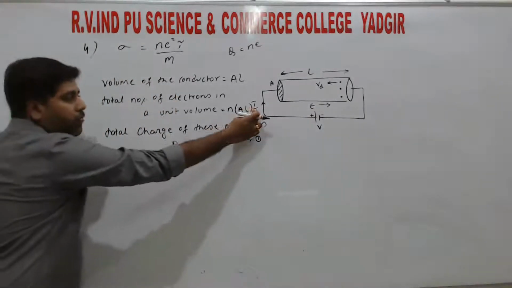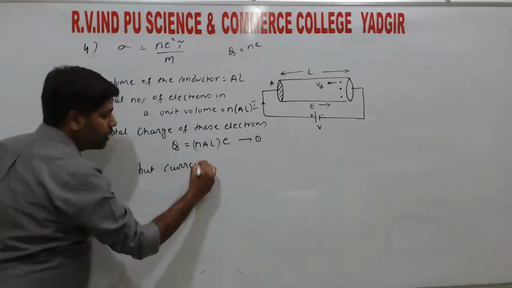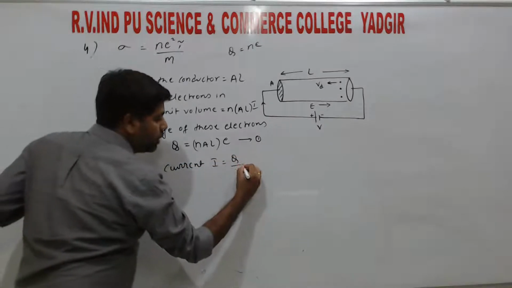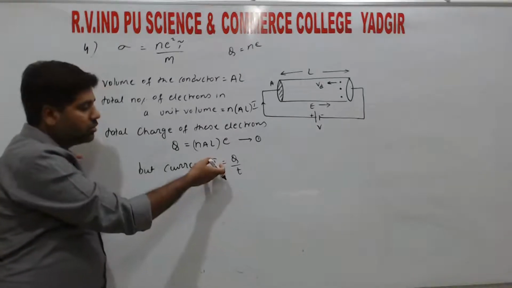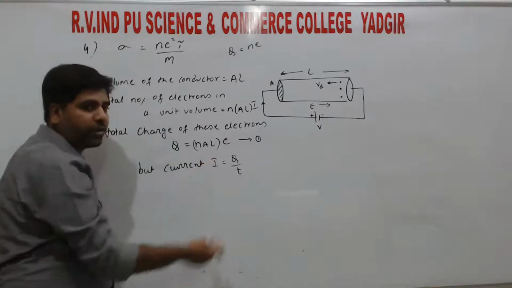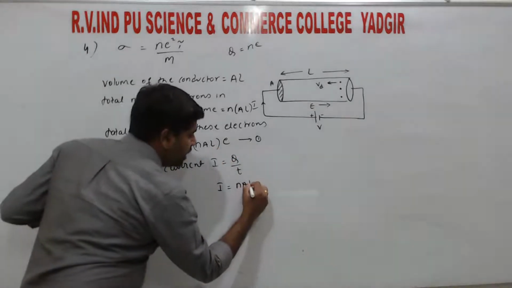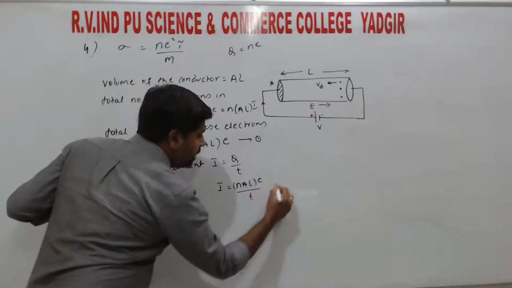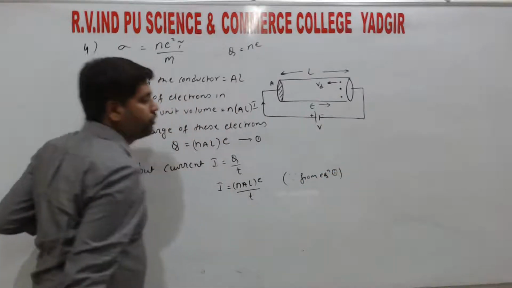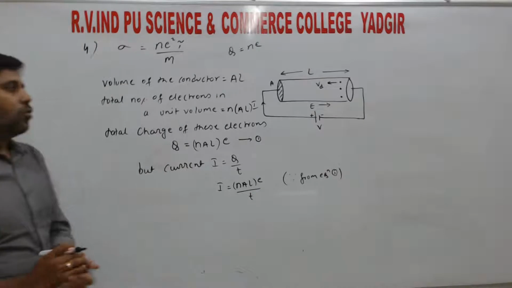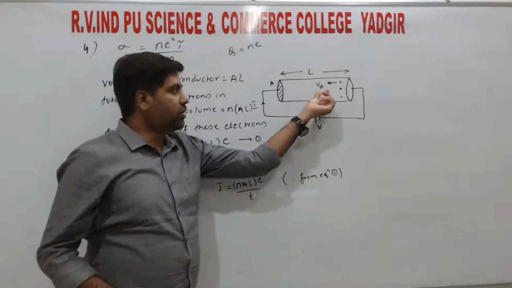But the current flowing in the conductor, right? So the current I is equals to the rate of flow of charge per unit time. Again this is from the definition of current. I is equal to Q divided by t, right? We have the value of Q, so substituting the value of Q, that is n A L into e divided by t. So this is from equation 1, right? As the electrons are moving within the length L, they move with the velocity Vd.